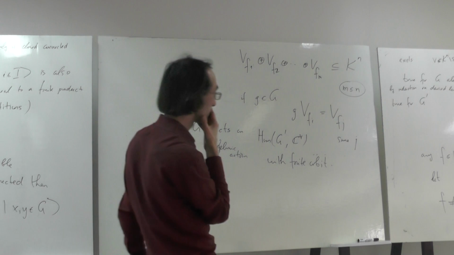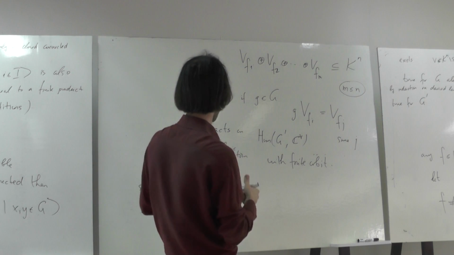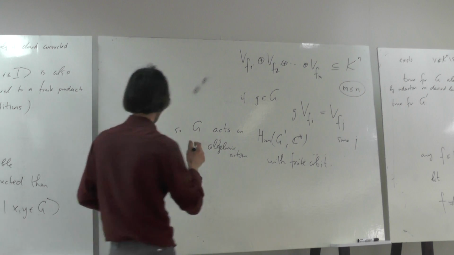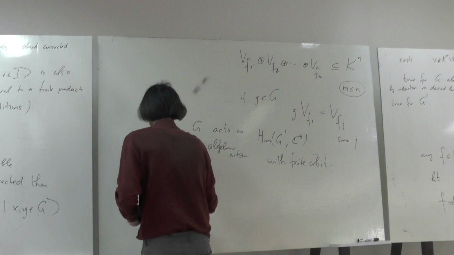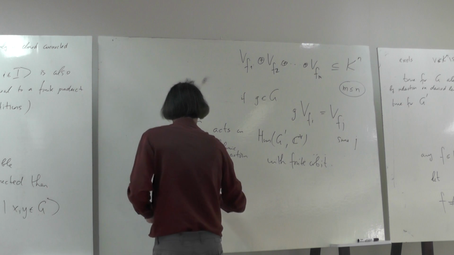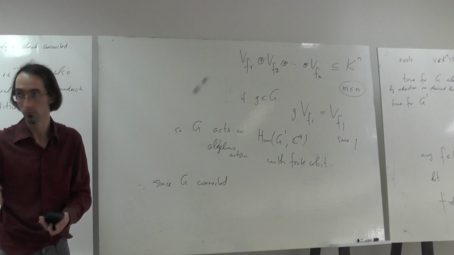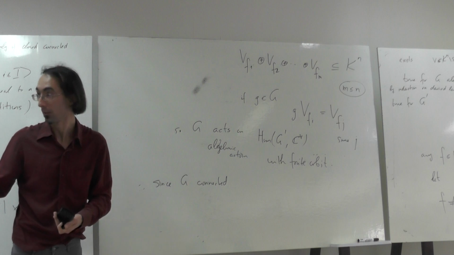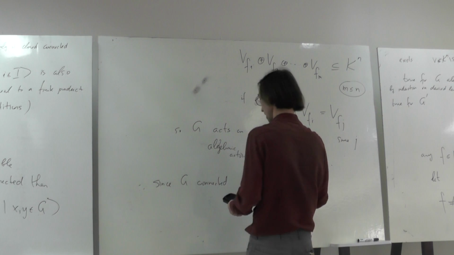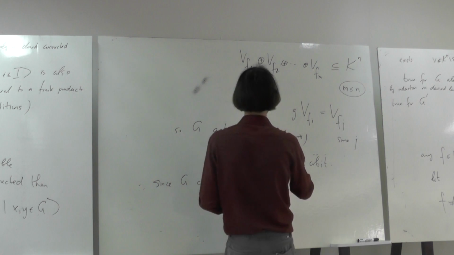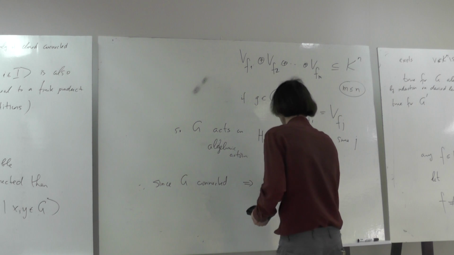Okay, so because G is connected, G does not have closed subgroups of finite index. It follows that G fixes some of them.